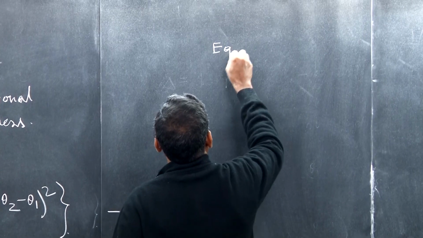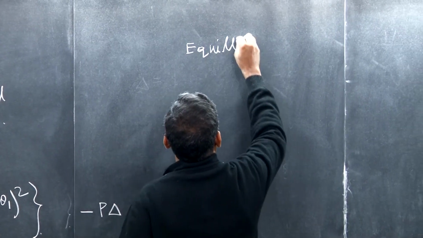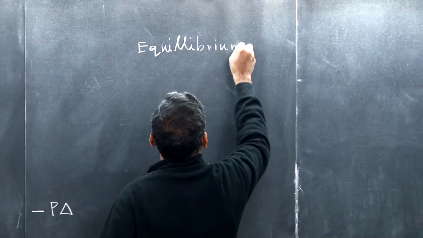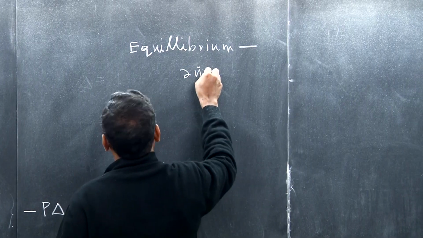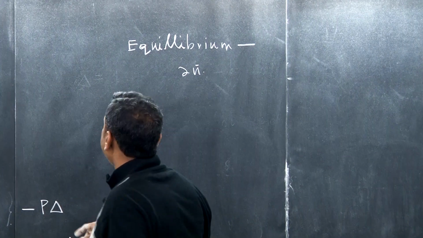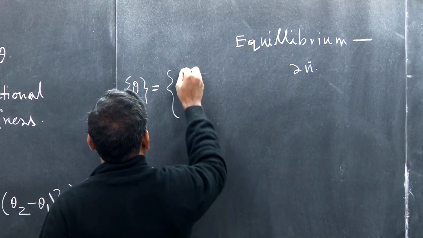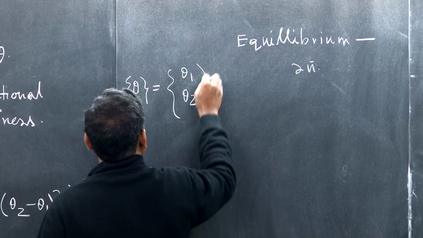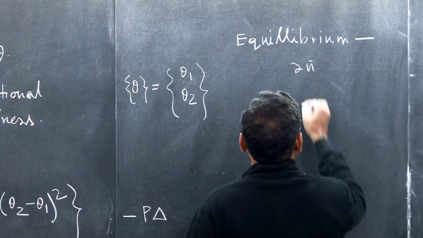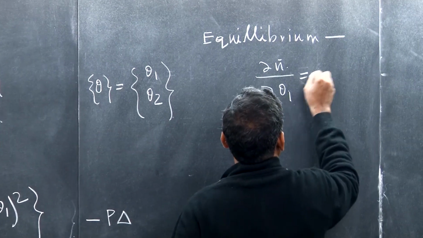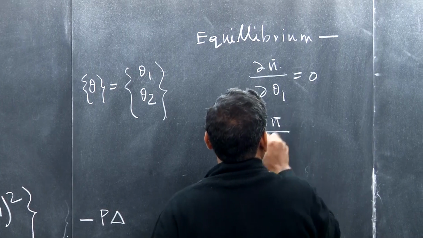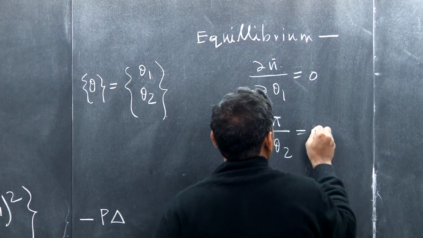Now we will first find out the equilibrium. We will use the zeroth order information, equilibrium. How will you ensure equilibrium? Well, this is a 2 degree of freedom system, where theta 1 and theta 2 are the degrees of freedom, so del pi by del theta 1 is 0, and del pi by del theta 2 is equal to 0.